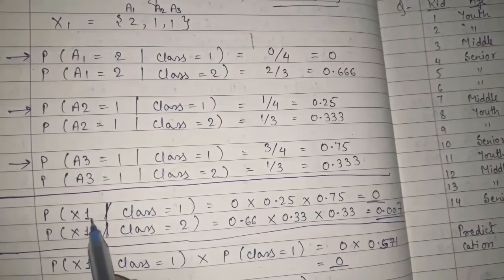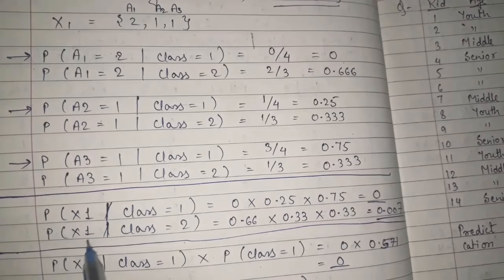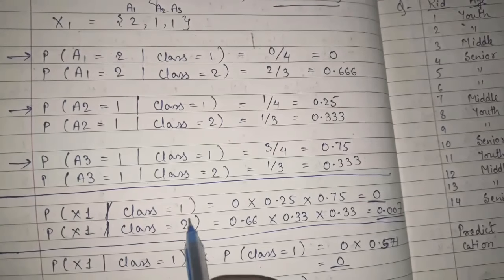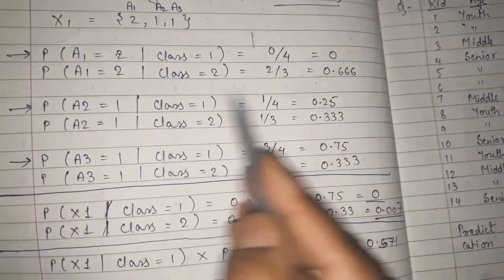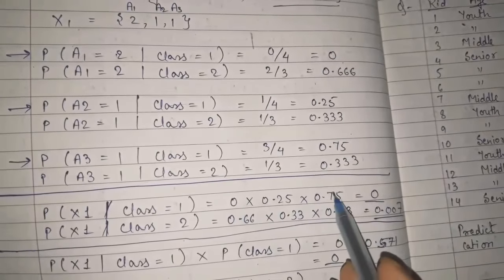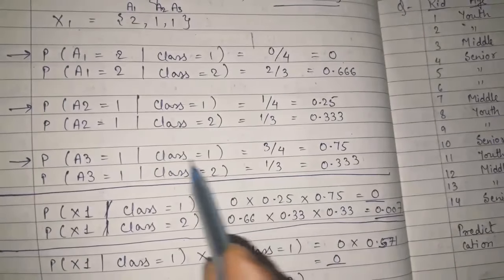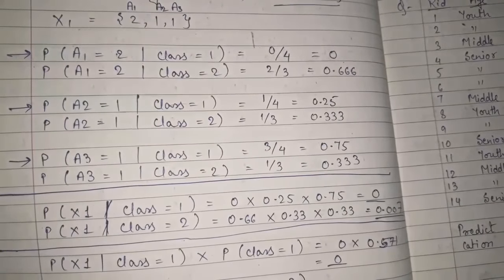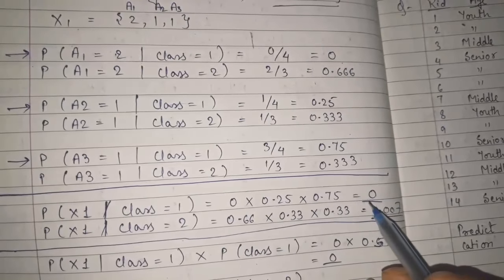So the probability of this whole tuple with class equal to 1 and with class equal to 2, how will we get it? For class equal to 1, we will simply multiply these 3 values. And similarly for class equal to 2, we will multiply the values of class equal to 2. So for class equal to 1 I am getting 0, and for class equal to 2 I am getting this much.